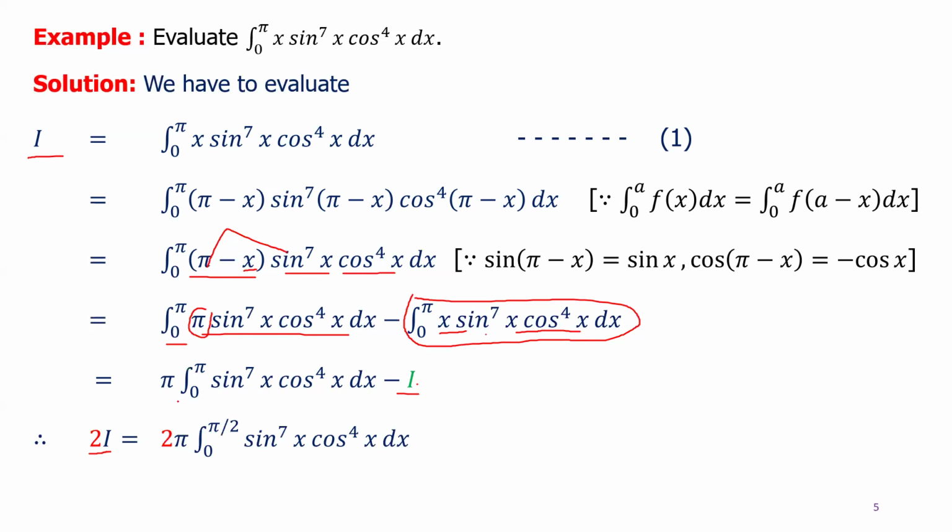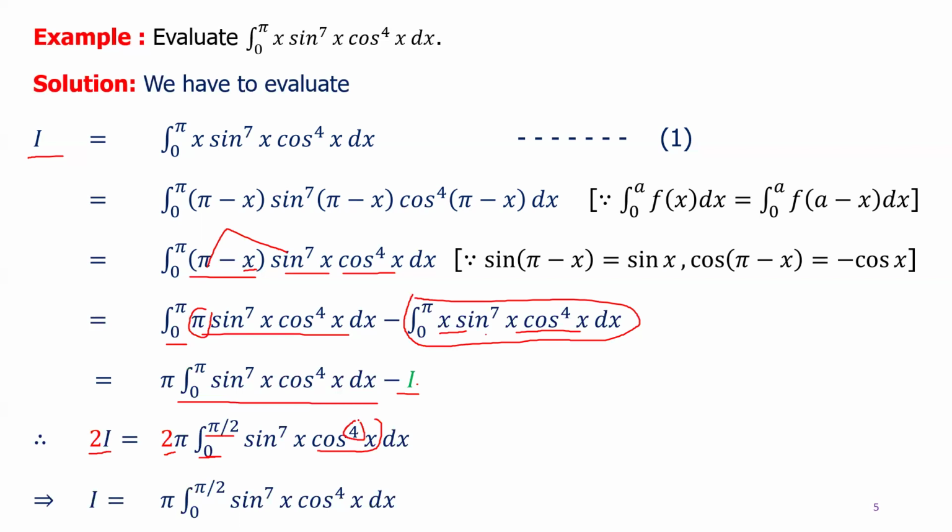And we also know there is a formula: the integration under the limit 0 to pi of sin^m x cos^n x dx is equal to 2 times the integration under the limit 0 to pi by 2 of sin^m x cos^n x, when n is even.